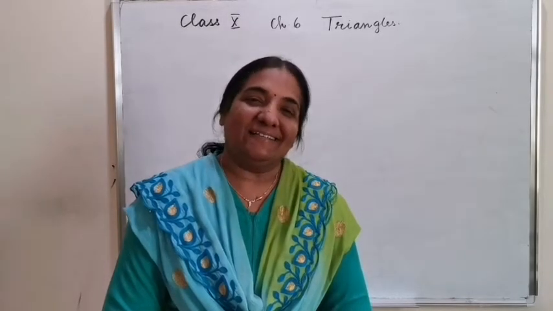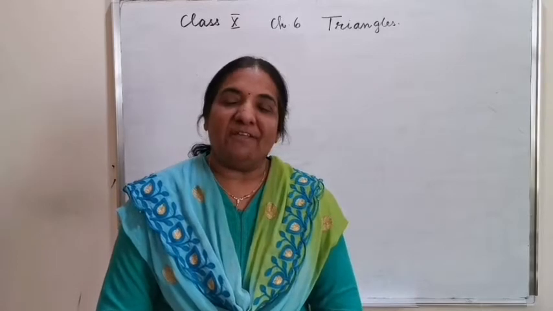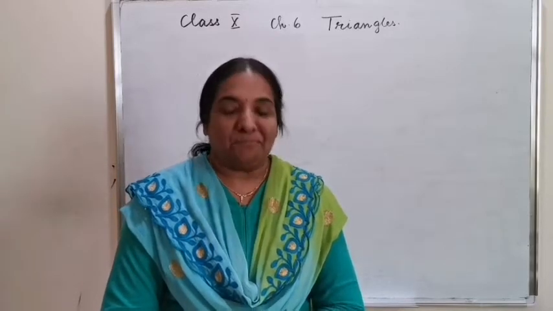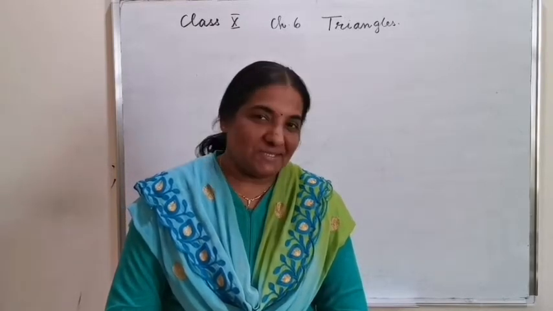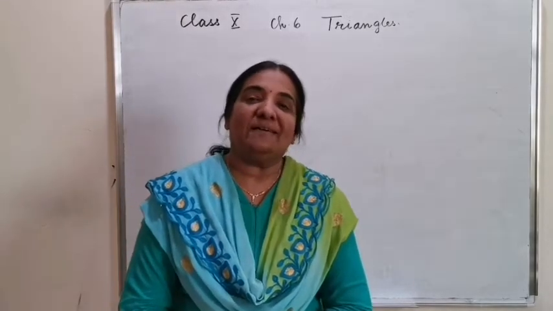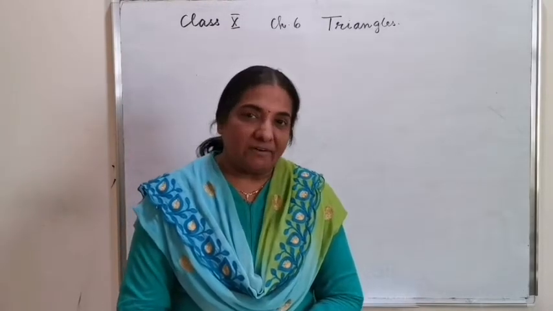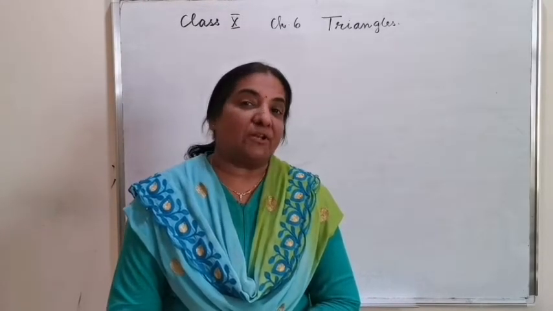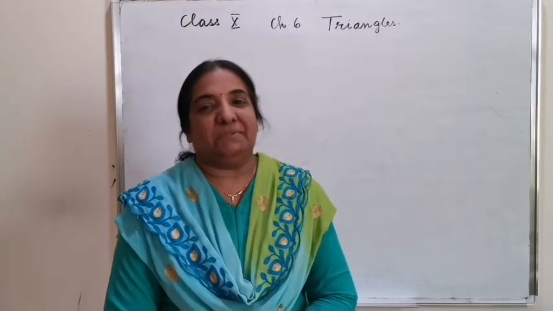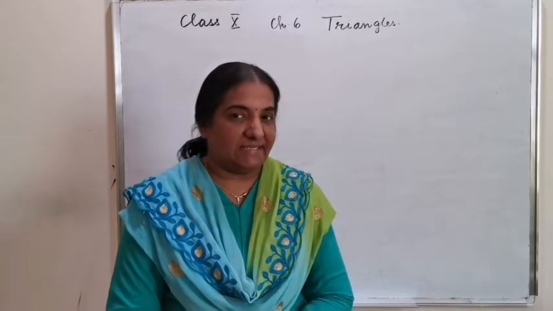Good morning, children. Today we are going to prove a very famous theorem, Pythagoras Theorem, using similarity of triangles. You are very familiar with the Pythagoras Theorem application: in a right triangle, the square of the hypotenuse is equal to the sum of the squares of the other two sides.